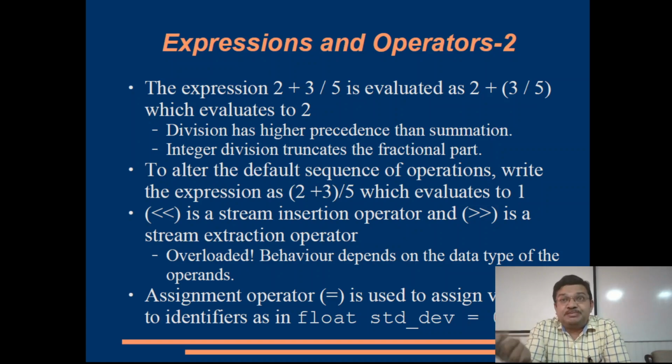But if you use parentheses, if you wish to add the two numbers first, (2 plus 3) divided by 5, then the result is going to be 1. 2 plus 3 will add up to 5, then 5 divided by 5 is equal to 1. So this is a source of error.